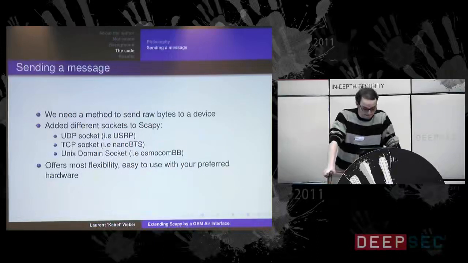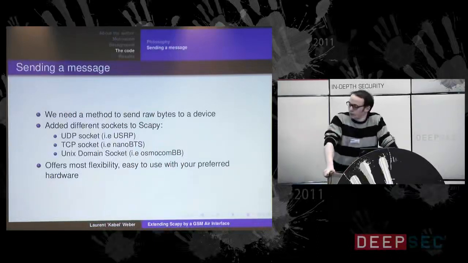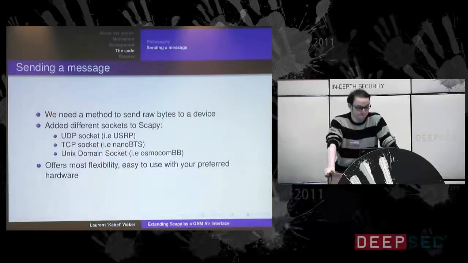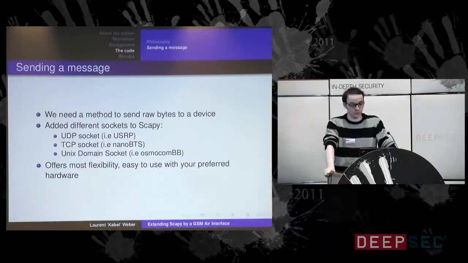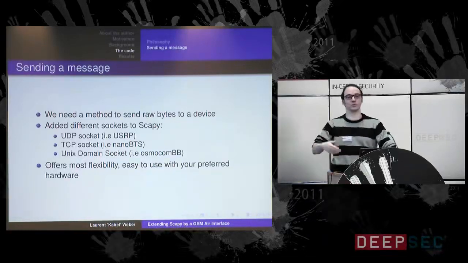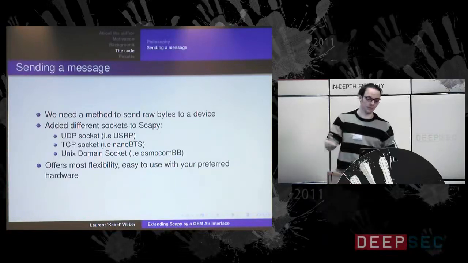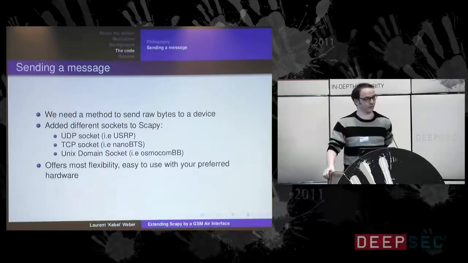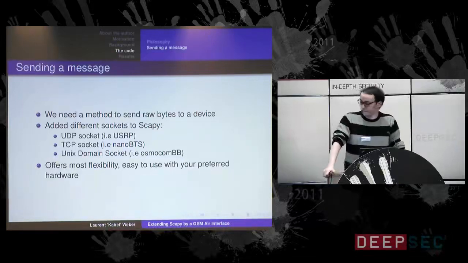So now I come to the part where we want to send a message over the hardware of our choice. Therefore, we need a method to send raw bytes to some hardware tool. Usually, when you use Scapy, you simply send it over the Ethernet, and everything is done. You don't have to bother a lot.